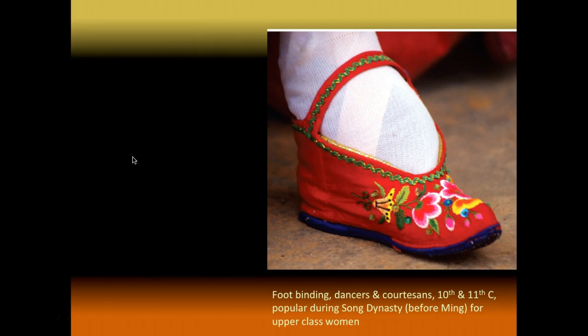Although the foot binding was really deforming and crippling women's feet, it was associated with aesthetic beauty when it was encased in this tiny and elaborately decorated shoe. So the foot binding destroyed the natural aesthetic of women's feet. It did create, in views of many Chinese, a new and decorative beauty.